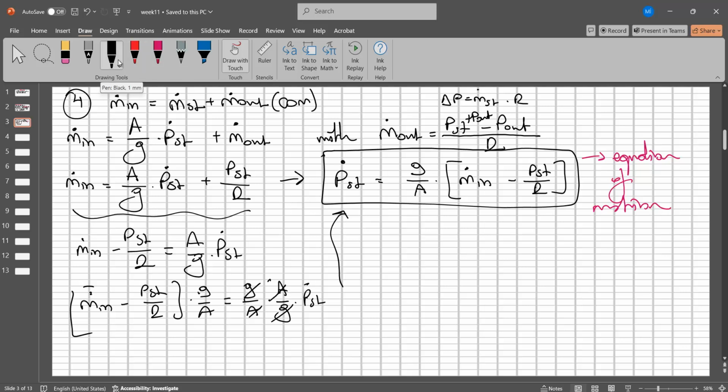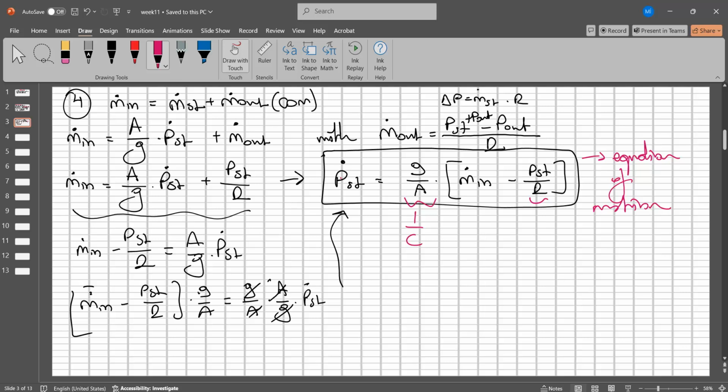In this case, we need to know that we have the resistance here, and also we have the G divided by A parameter here, which is equal to 1 divided by C. This is the inverse capacitance value in this case.